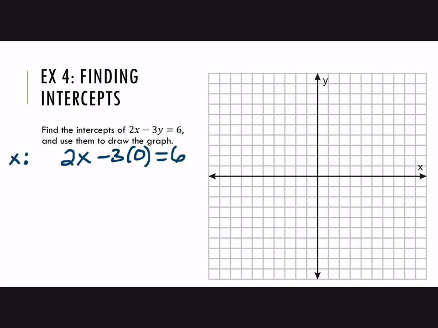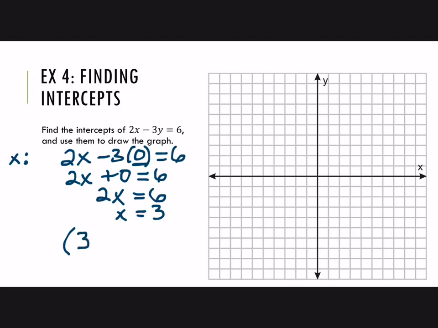Some people also like to just cover up the y term, because essentially that's what happens when you replace y with a 0. -3 times 0 is 0, and 2x plus 0 is 2x, the same as if you just didn't have that y term. Keep solving, x equals 3. If you write that as a point, the x-intercept would be (3, 0). So I will plot that intercept and then go on to the y-intercept.